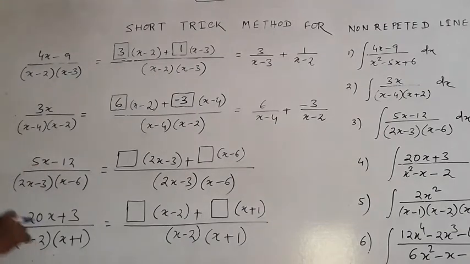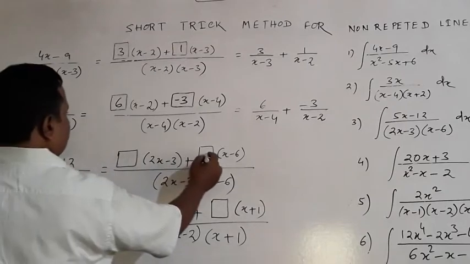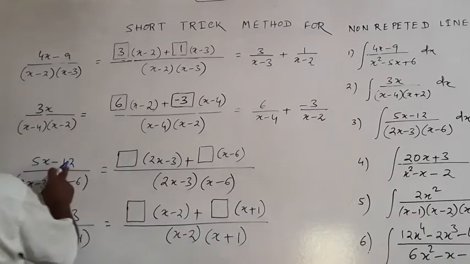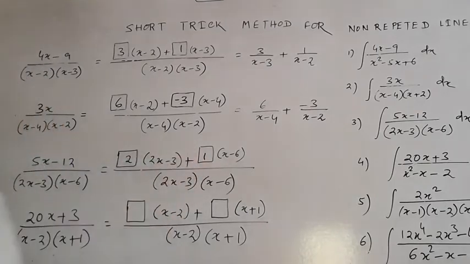It is a hit and trial method, but after doing 2-3 problems, you can adjust yourself. Suppose I am multiplying by 2, because it is 12, so I am taking 2 here, 1 here. Look here, it is 4x plus x, that is 5x, and minus 6 minus 6, that is minus 12.